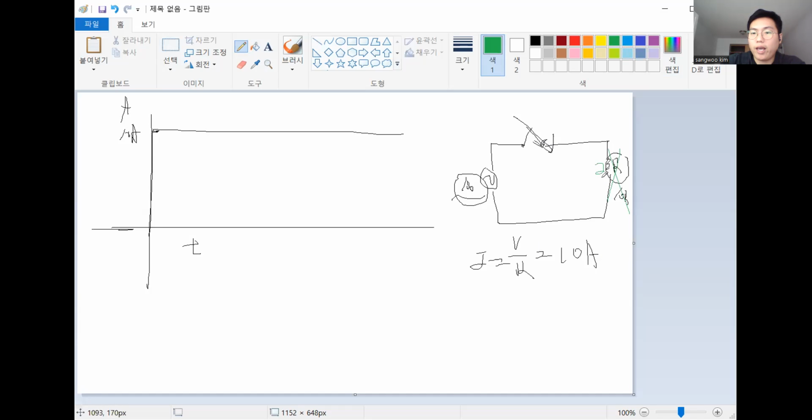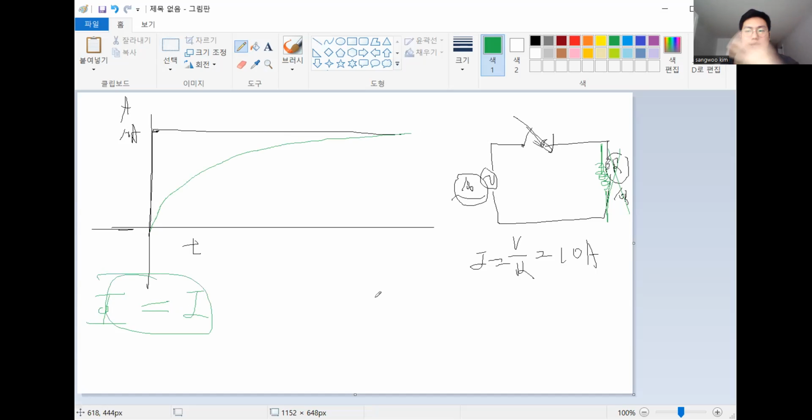But look at that. If this is L, inductor or coil, okay, what happens? This is really different. If the coil is here, the current is going to be like this. Why does it happen? We will learn about this, okay? First of all, you may memorize or remember this: flux φ equals N times current, right?